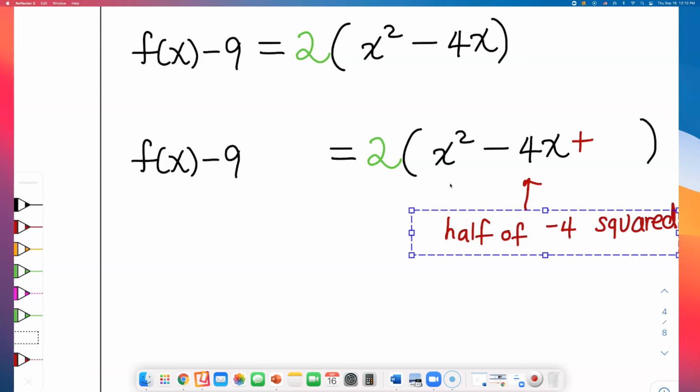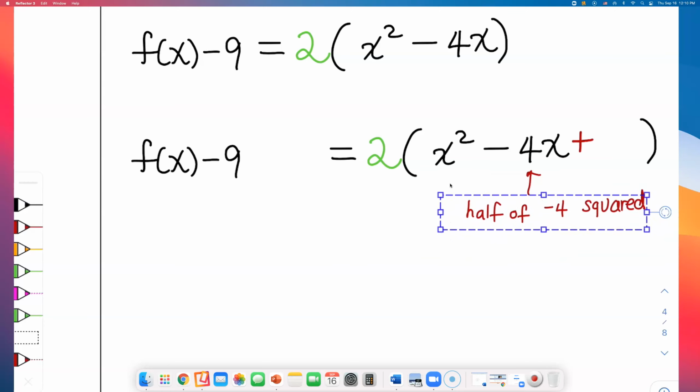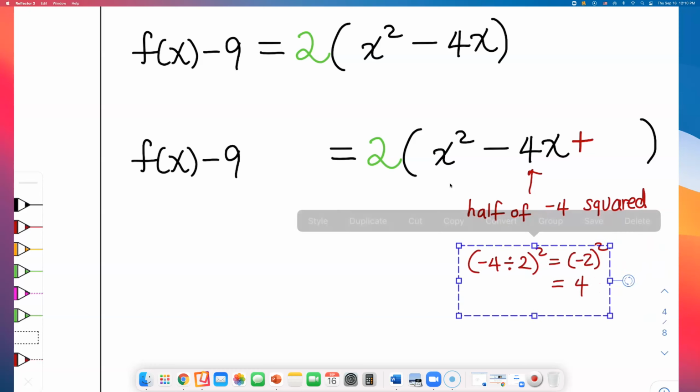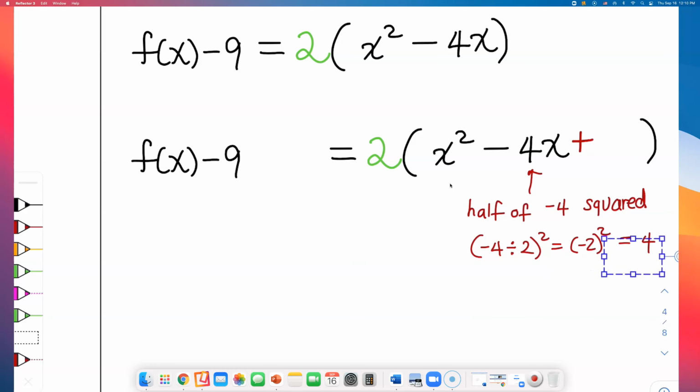So if you take half of negative 4, that is negative 2. But if you square negative 2, you get positive 4. So the number that I'm adding to the right-hand side is actually 4, okay? So I do plus 4 inside.